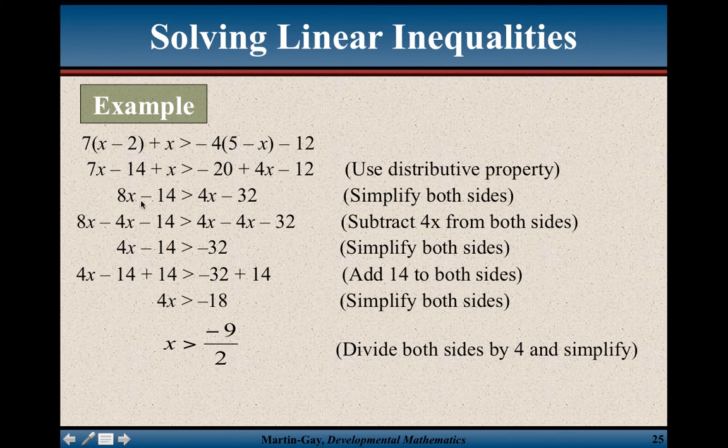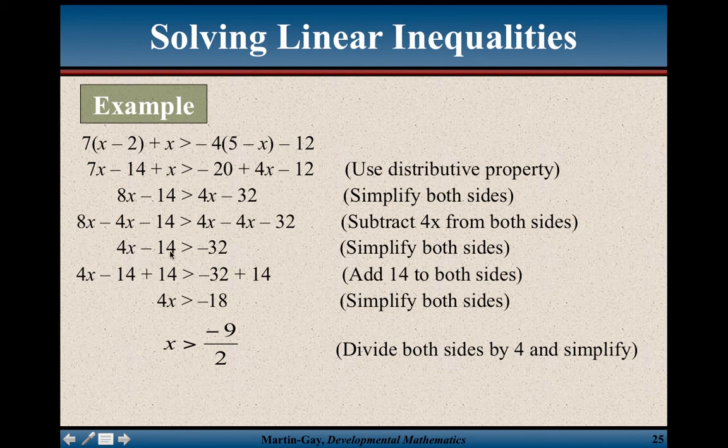7x plus x is 8x minus 14 greater than 4x. Then, negative 20 plus negative 12 is negative 32. And then, unahin natin yung 4x. Kunin natin yung opposite sign, that's negative 4x. So, negative 4x, negative 4x. So, this one will be cancelled. It's equal to 0. 8 minus 4 is 4x. Then, negative 14, negative 32.